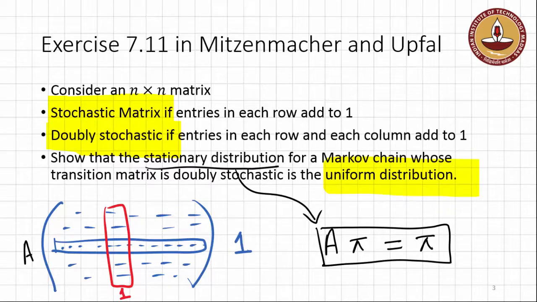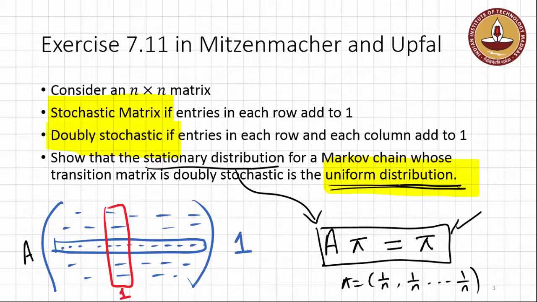What we need to show is that the uniform distribution is in fact the stationary distribution. So we will need to show that if you set pi equal to 1 over n, 1 over n, and so on up to 1 over n, then this condition should hold.